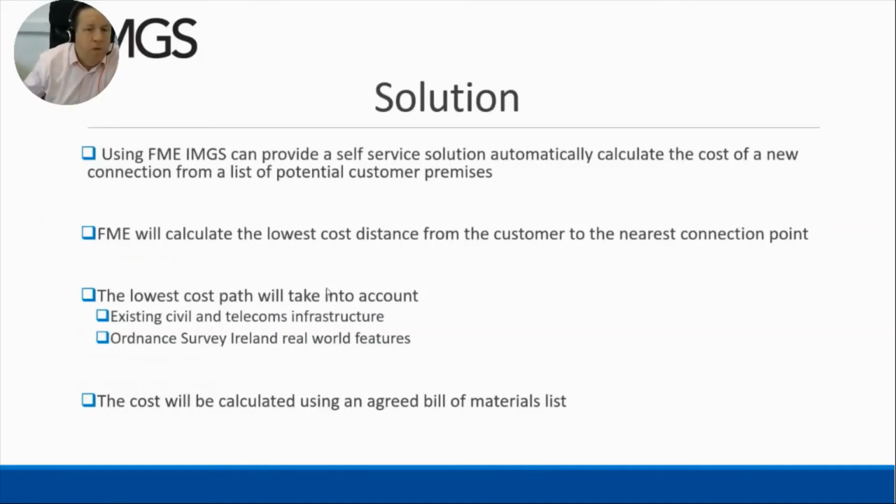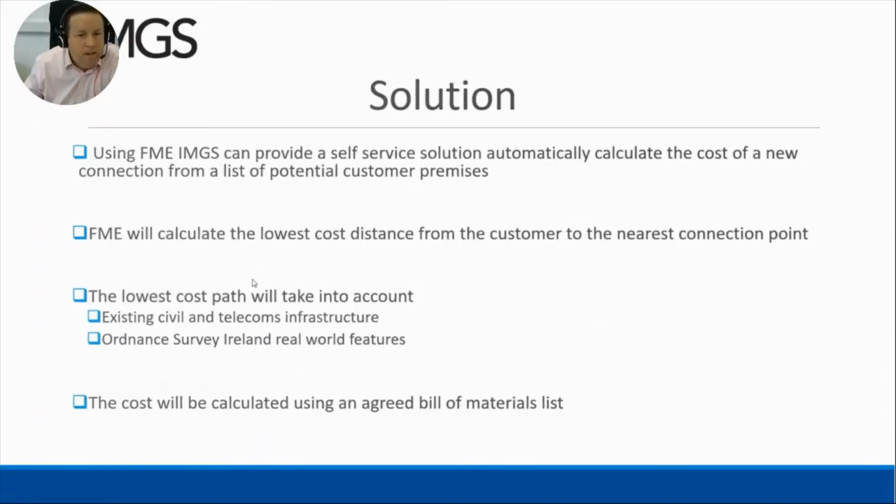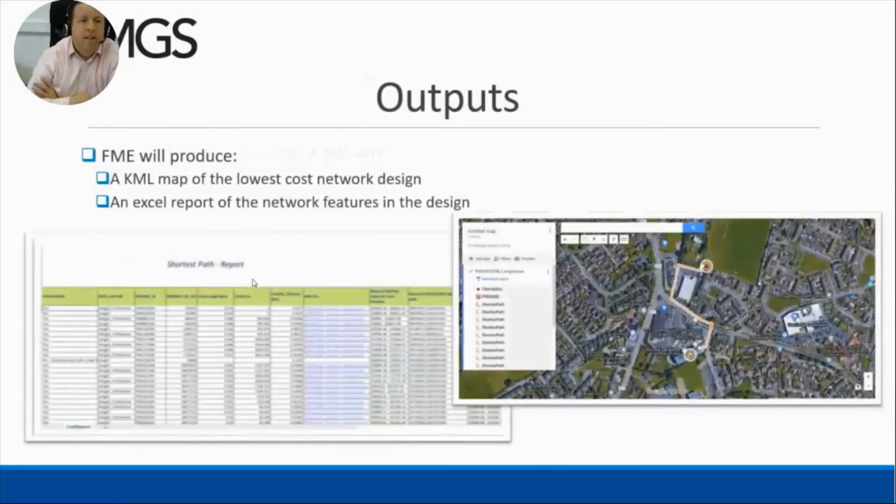And if it then goes ahead, they can do a proper full detailed design inside their GIS. And then FME, as we've seen this morning, is great at producing these HTML reports, or Excel reports, which has the network features that are going to be in the design, the cost per network feature, the distance, and then being also able to give the sales guys or the network planners a KML map that they can then load in Google Earth or Google Maps and see the proposed route and see all the network to go against it.